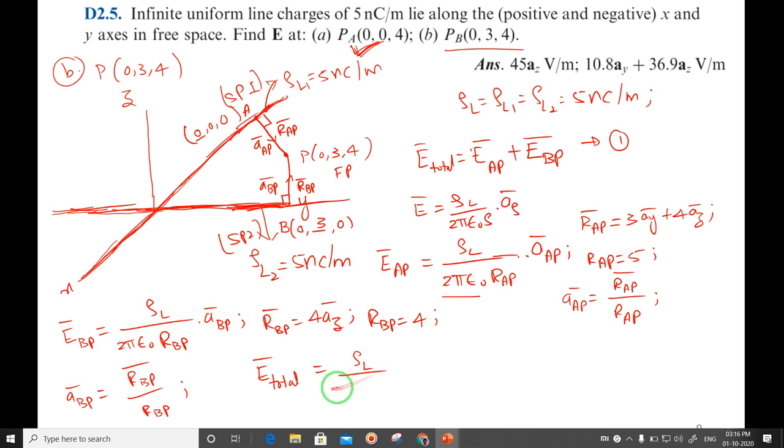Remaining thing I'll write: 1 by R_AP into a_AP. So what is a_AP? a_AP is vector R_AP by R_AP, so R_AP square it will become. Similarly, from E_BP, rho_L by 2 pi epsilon naught is taken out. a_BP is vector R_BP by R_BP, so divided by R_BP square.